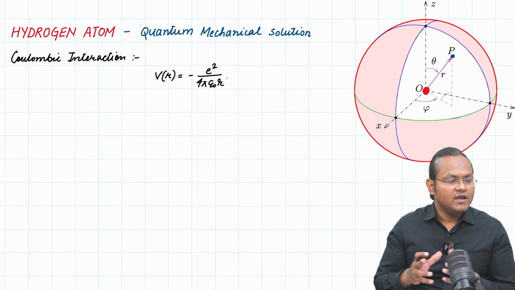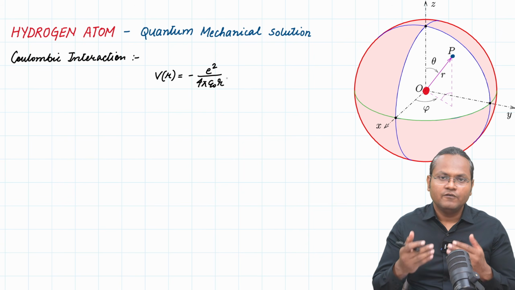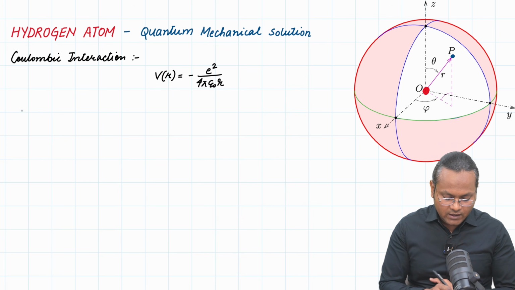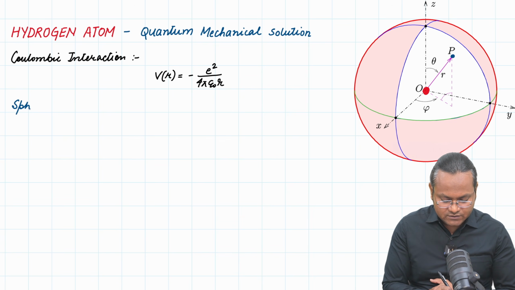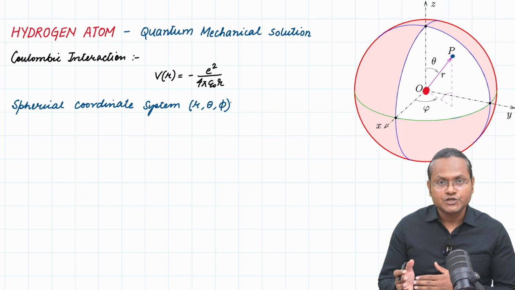And because we are dealing with a spherically symmetric potential, for our calculations, we will therefore be using a spherical coordinate system. In a spherical coordinate system, instead of the coordinates x, y, z, we will be using the coordinates r, theta, and phi. r is the radial distance from the origin.